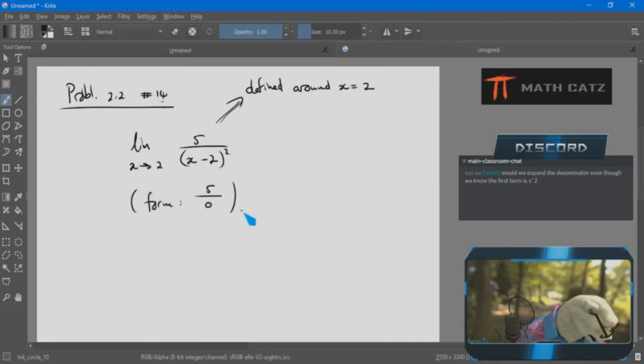Question in the chat: would we expand the denominator even though we know the first term is x squared? No. I only have that specific technique of looking at the leading terms when it is an infinite limit.